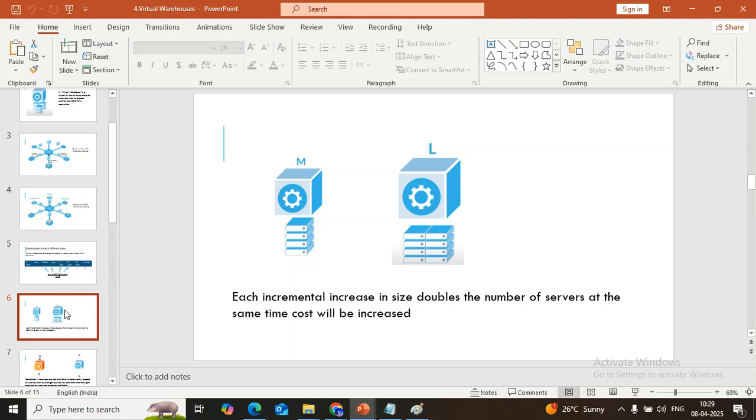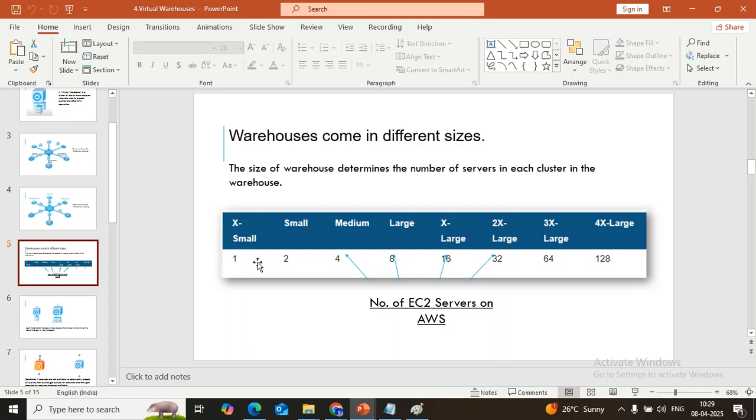I mentioned why we increase or decrease warehouse sizes. Each incremental increase in size doubles the number of servers: extra small is one server, small is two, medium is four, large is eight, and so on.